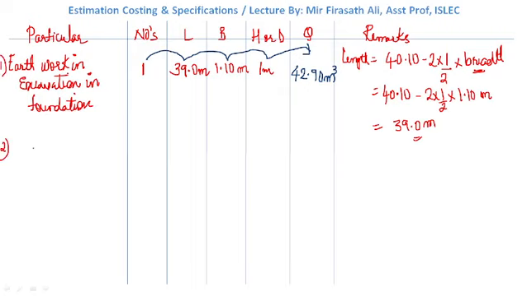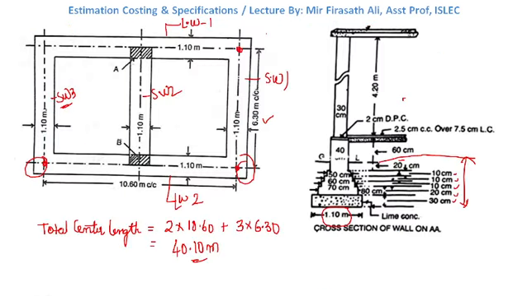Second, concrete in foundation. Quantity is 1. The length will be the same as excavation, 39.0 meters. Breadth will also be the same, 1.10 meters. Here, height or depth. For excavation, we found it out till ground level.